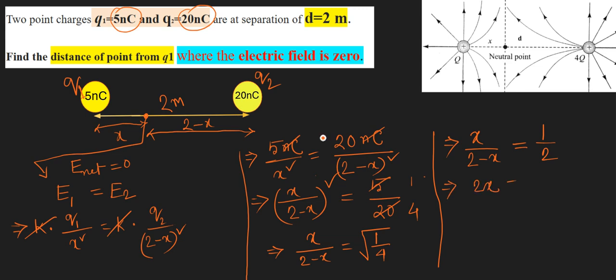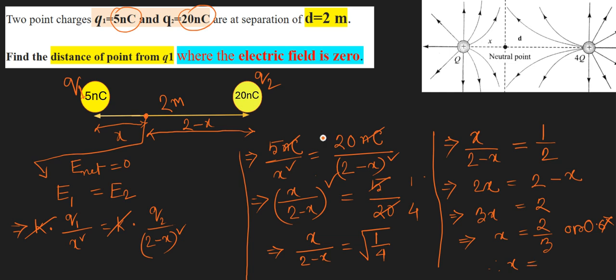So 2x equals 2 minus x. So we could write down in the next line 3x equals 2, or x equals 2 over 3, or we could calculate 2 over 3, which means 0.667.